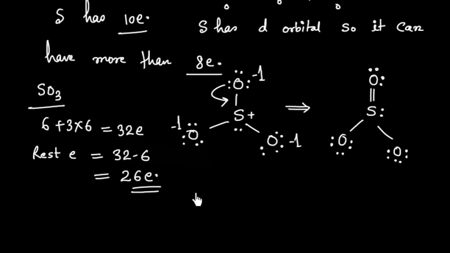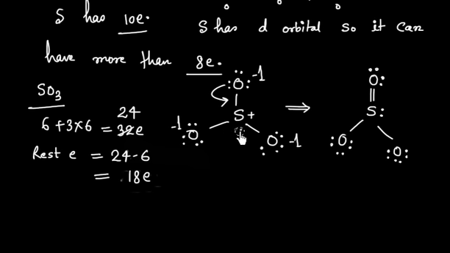Basically we have made one mistake here. This is 24 electrons, this is not 32, this is 24. So let me rub this one. So this is only 24 electrons, I have made a mistake. So 24 minus 6, we have 18 electrons left, so we can put 6, 6, 6, and there will be no electron on sulfur.